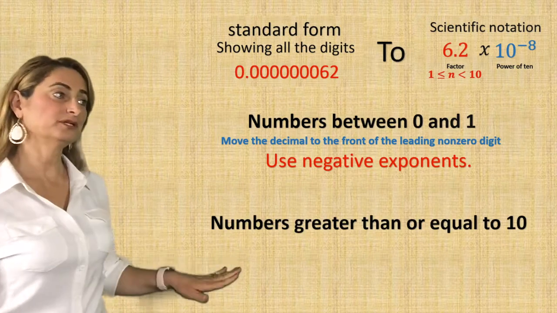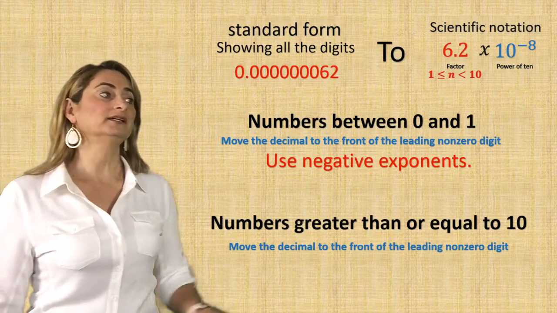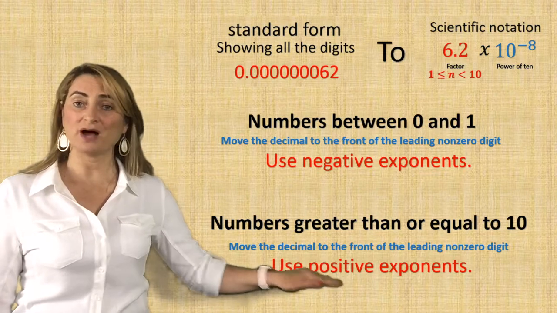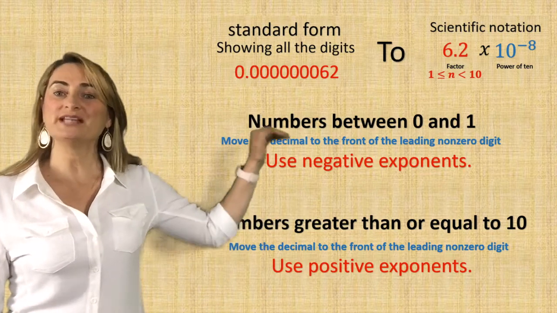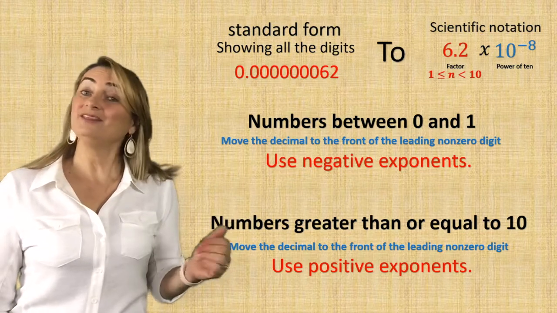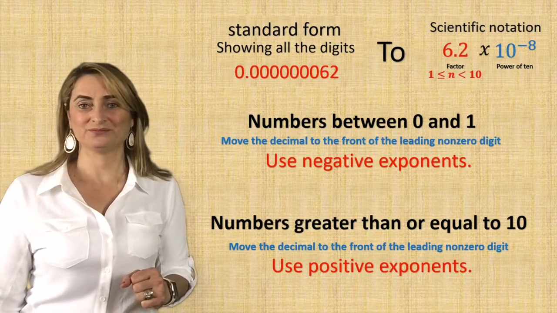But if the number is greater than or equal to 10, move the decimal to the leading non-zero digit and then use positive exponent. So you use positive exponent for numbers more than 10 and you use negative exponent for numbers between 0 and 1. And look for the leading non-zero digit. That's where you need to move the decimal.